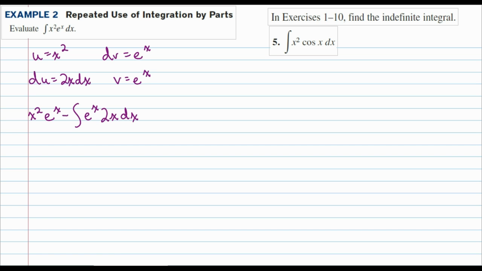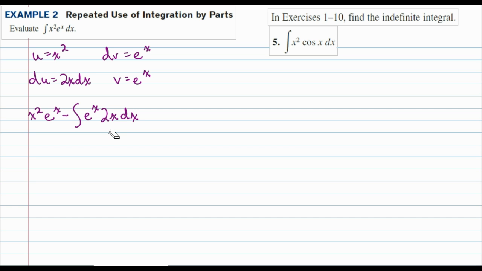In example 1, here's where you would have been able to just take the antiderivative, throw a plus c down, and be done. But unfortunately, the antiderivative of e to the x times 2x is still a product of two functions that I don't know the antiderivative of as a product. So I'm going to have to use integration by parts again.